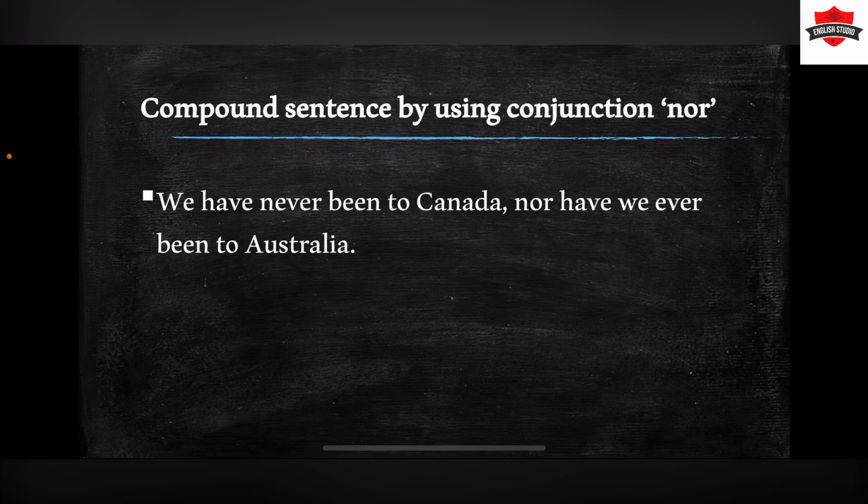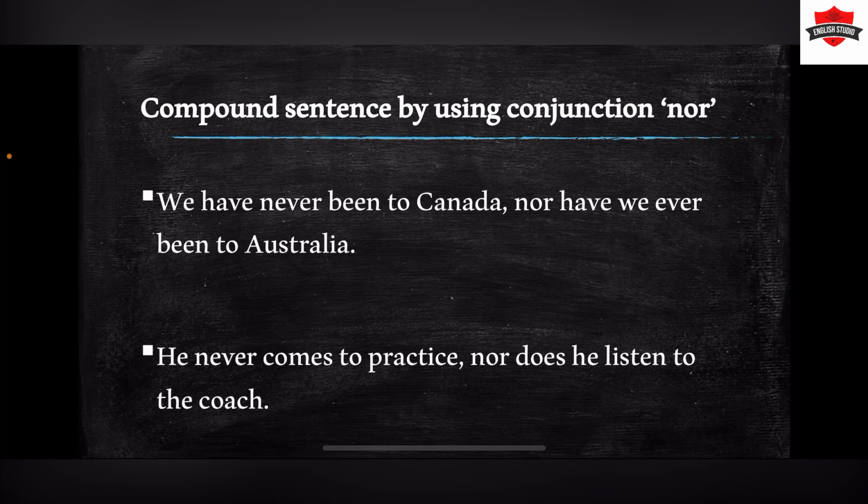You can use nor without using any other negative term. Same is the case in another example, we never come to practice, nor does he listen to the coach. Here, the independent sentence after nor means he does not listen to the coach. These are two negative sentences.